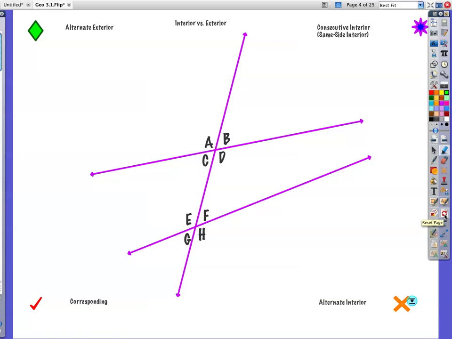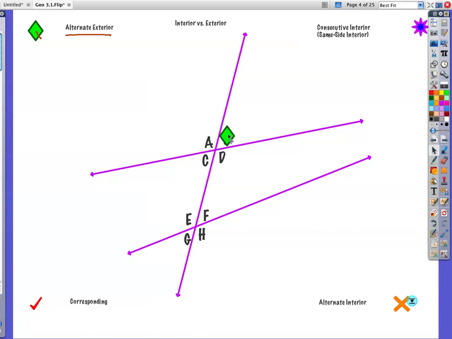All right, let's start with alternate exterior angles. Alternate means alternate sides of the transversal. Exterior means it has to be on the exterior of these lines right here. So I'm alternating sides. I'm going to mark it with this little diamond. So here is one.